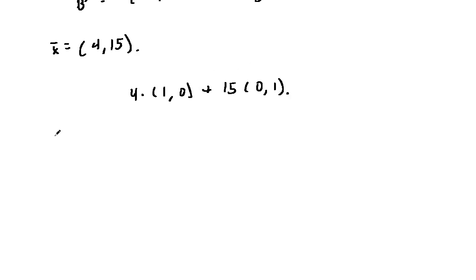So the coordinates for X relative to B are 4 and 15. So the coordinate matrix for X relative to B is given by 4, 15.